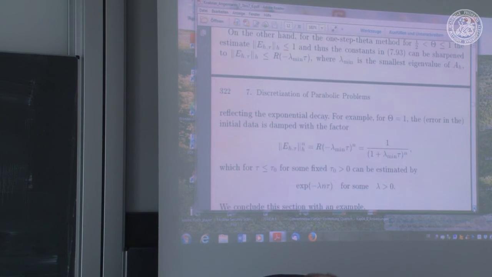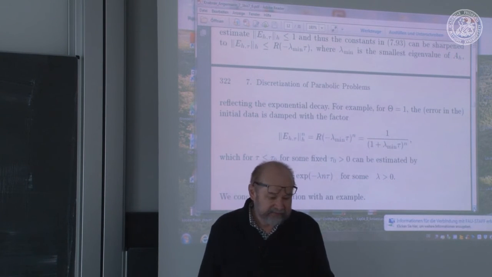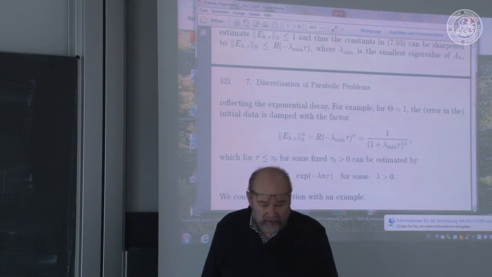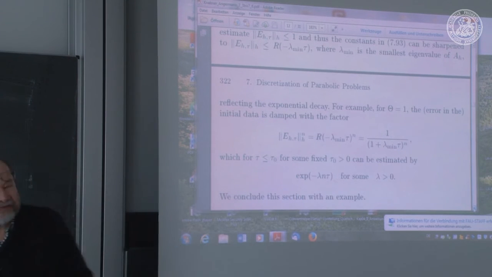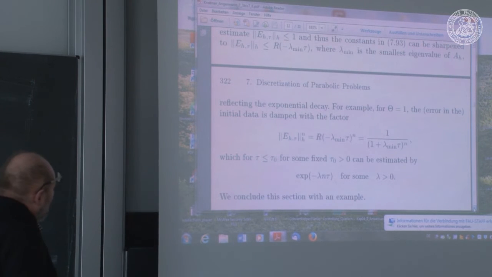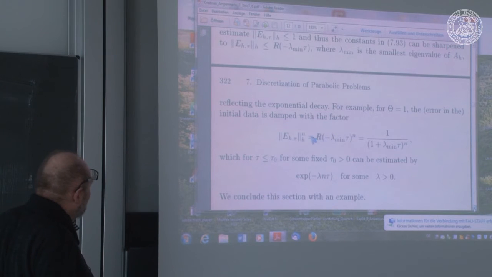Now, how can we do better? We'll only look at the case for tau equals 1, that is, for the implicit Euler method. Now we would like to really see a little bit of damping.